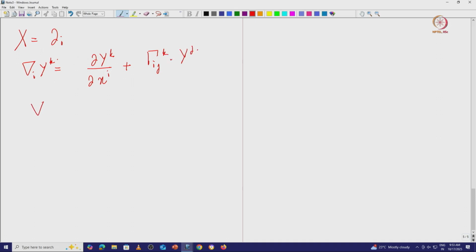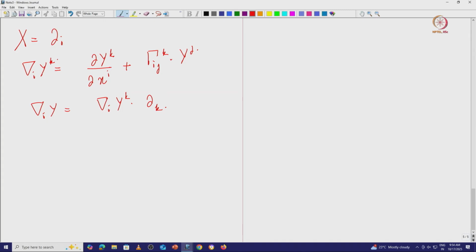And so then the full covariant derivative is basically just going to be this. Alright, so now I can actually use this, as I was saying, to prove a refined locality.